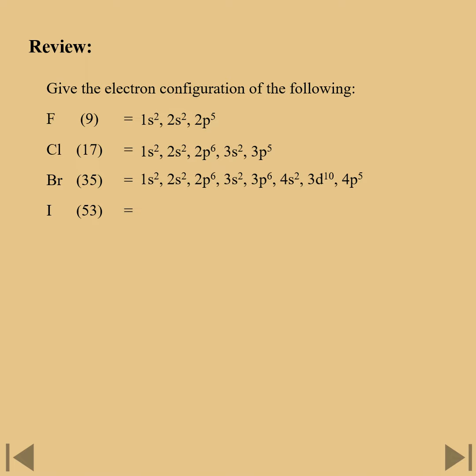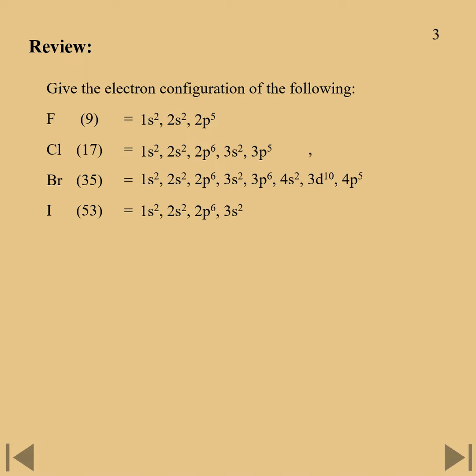Okay, that gets us to 36. So we only need to pick it up from there. 37 starts 5s, gets 2. 39 starts 4d, picks up 10. And then 49 starts 5p, and there's only going to be 5 electrons to go in there.